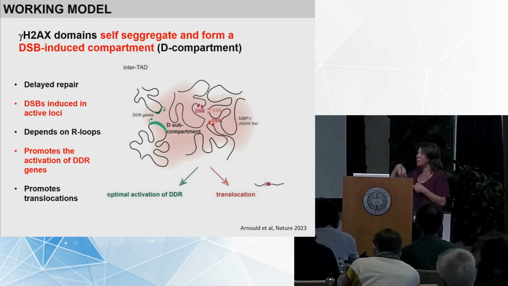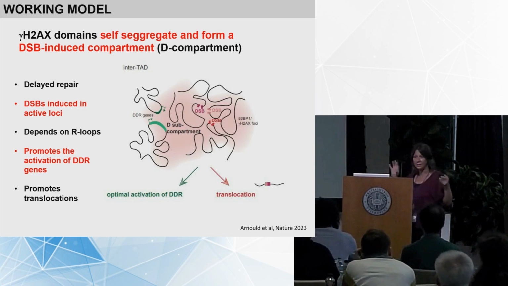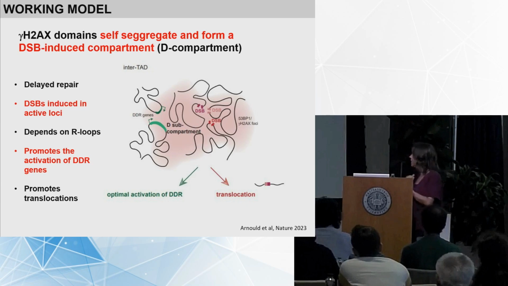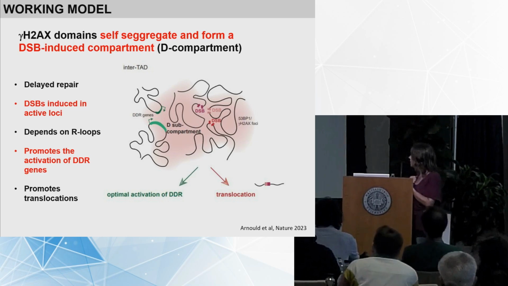What we think is that once gamma-H2AX has been established, these gamma-H2AX domains can actually self-segregate. If you leave enough time, they will start to self-segregate and form another DNA double-strand break induced chromatin compartment. This coincides with delayed repair, and it is mostly for DSBs induced in active loci. What I have not shown you is that it seems to depend on the accumulation of R-loops.